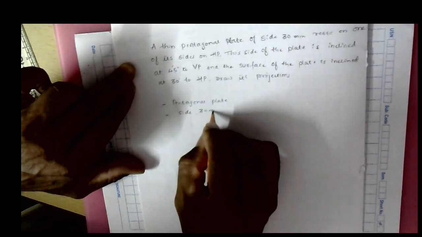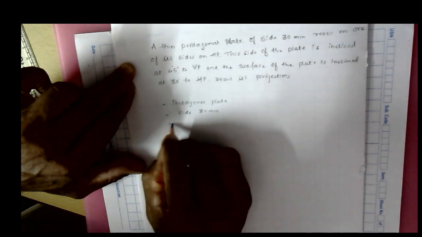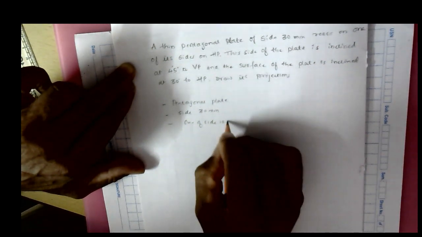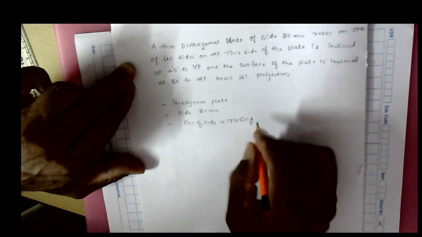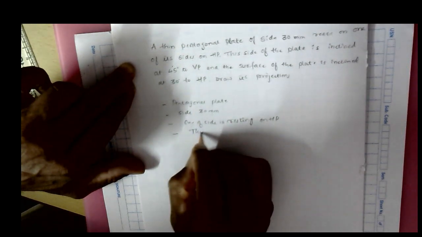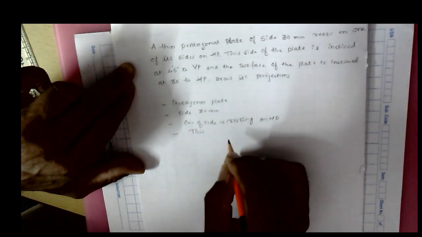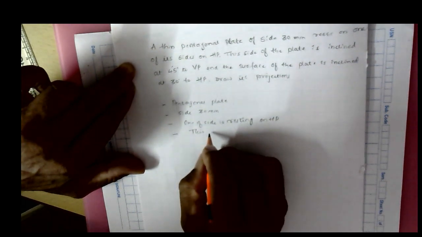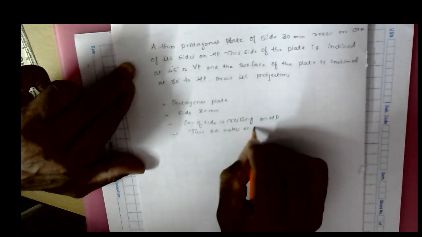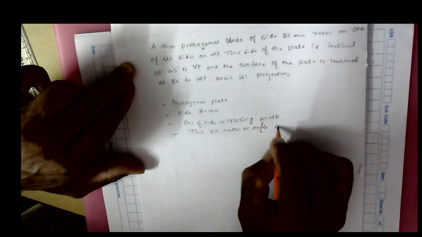The side of this pentagon is 30 mm, which is resting on HP with one of its edges. On whichever side it is resting, that side makes an angle of 45 degree to VP.